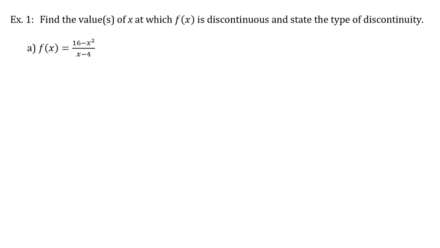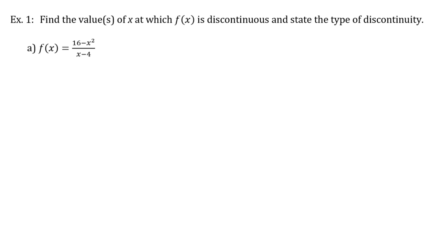Find the value or values of x at which the function f at x is discontinuous and state the type of discontinuity. This is one of the types of questions that you're going to see in the practice and on quizzes and tests. Looking at this with our understanding of functions, what type of function is it? Has a name, Ibrahim? It's a rational function.